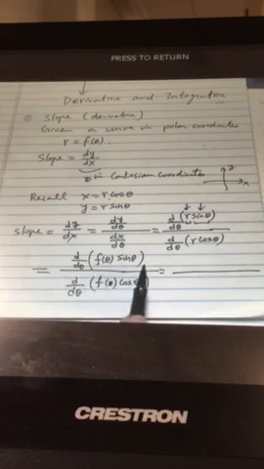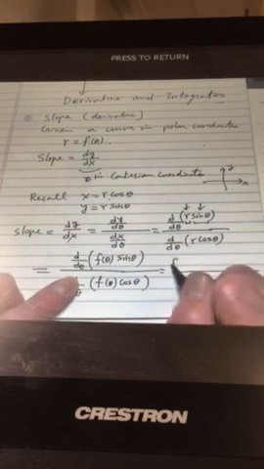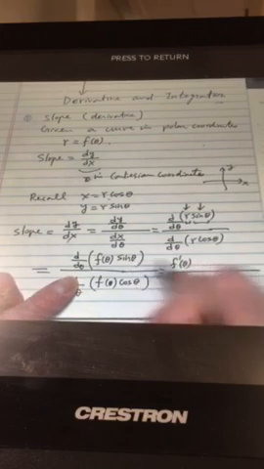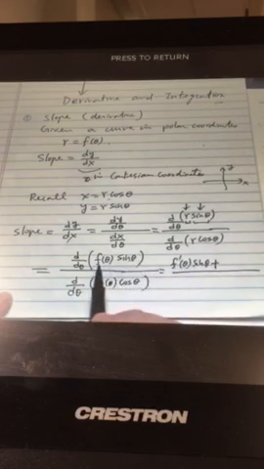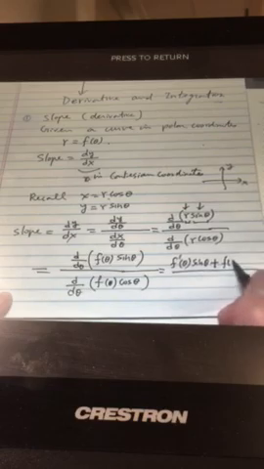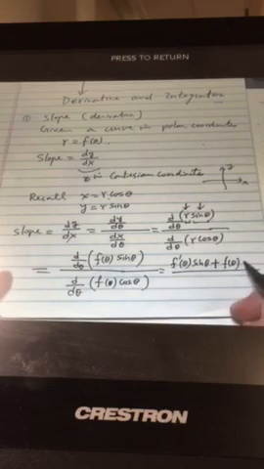I'm going to do this derivative using the product rule. Product rule means you differentiate the first function with respect to theta, so f prime of theta times the second function, plus the first function times the derivative of the second function; the derivative of sine is cosine.